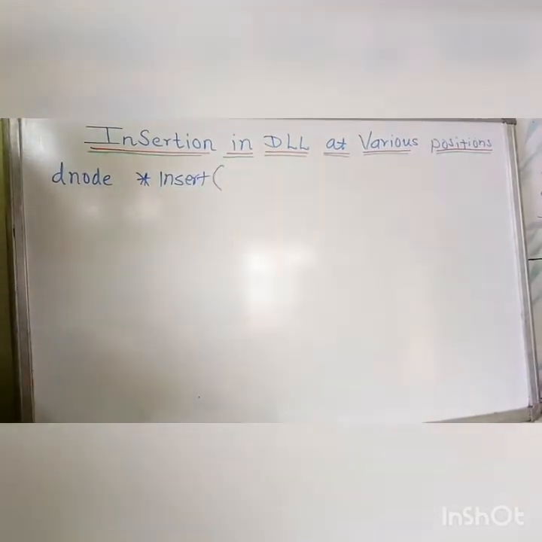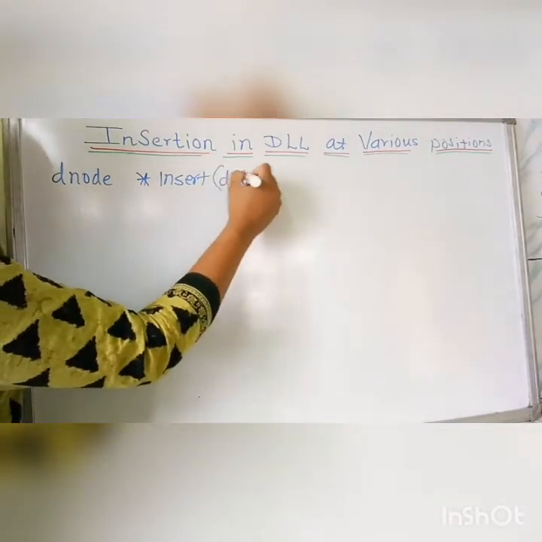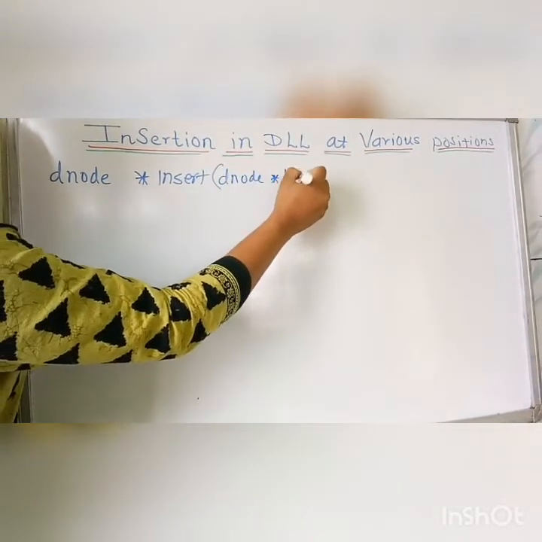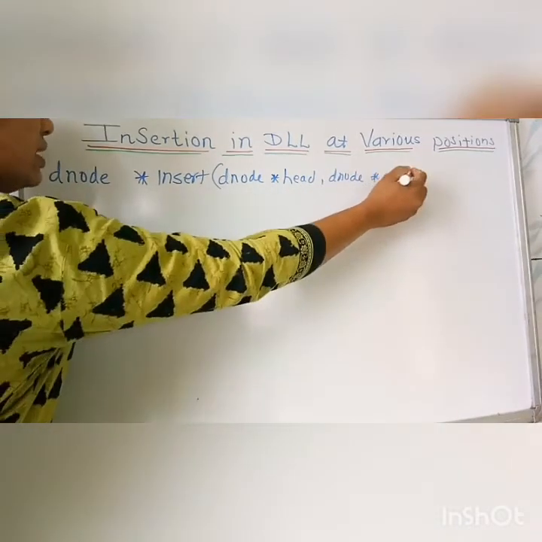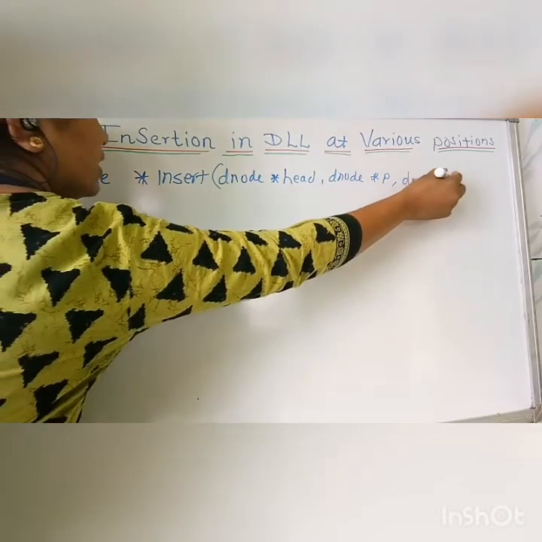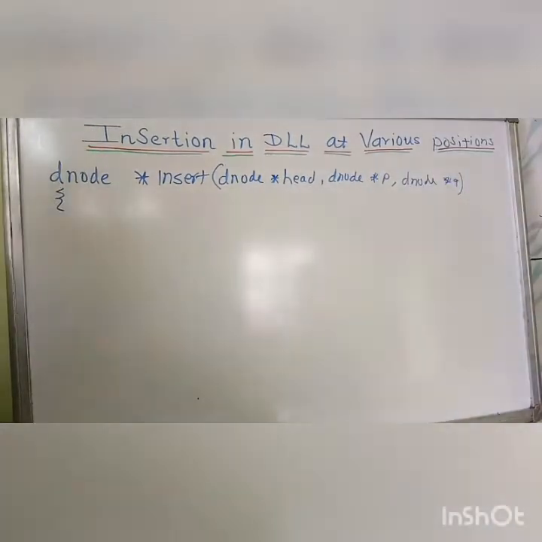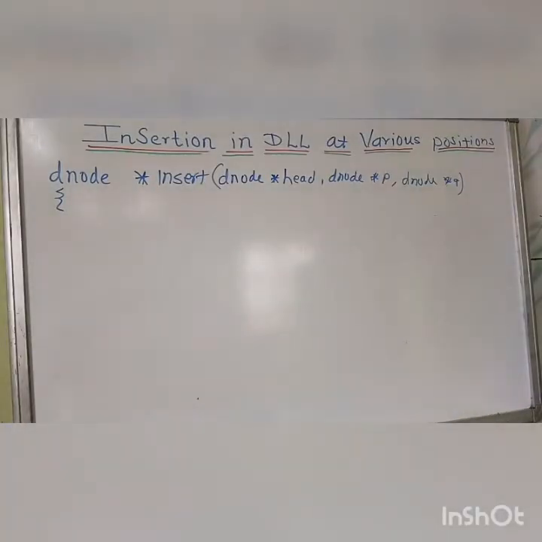Take three parameters: first is P for the new node, Q for the linked list node, and head for denoting the linked list. So DNode type star head, then again DNode type star P, and again DNode type star Q. Now carefully listen to the remaining steps afterward.